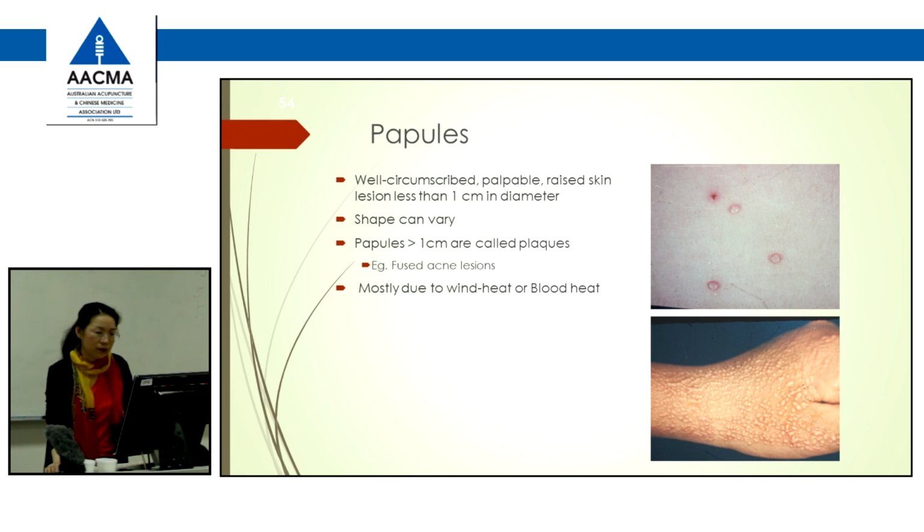And the lower one is a very difficult condition, prurigo nodularis. It's very itchy and may happen on the forelimbs and back, the upper back, shoulders. And it takes the form of papules. The papules are the dry.